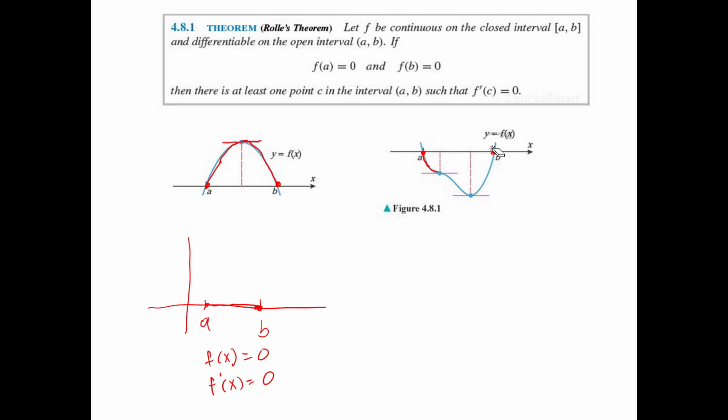At the endpoints it's 0, so the absolute min could not happen at the endpoints, and so it would have to happen somewhere in the middle. You would have a critical point, but because it's differentiable, your critical point would have to be a stationary point. So your derivative would have to be 0. And so there you go. That's the proof of that.